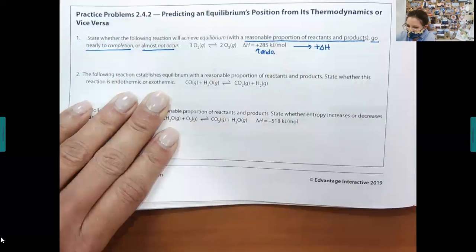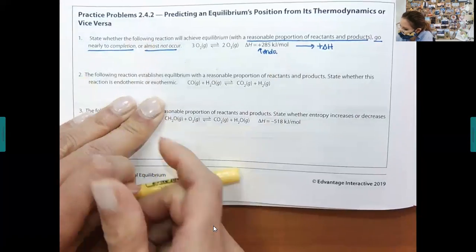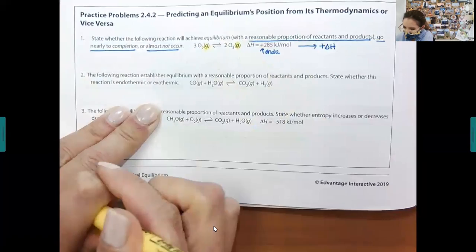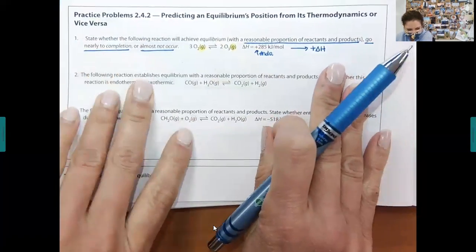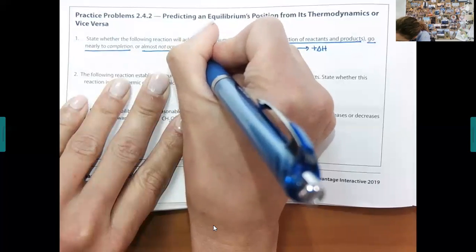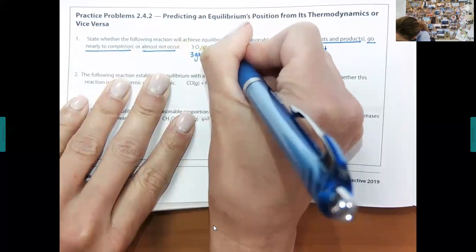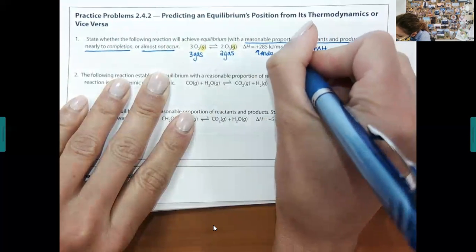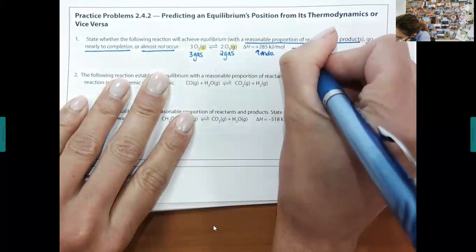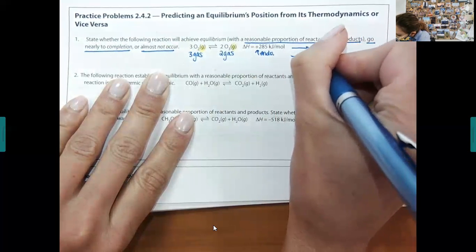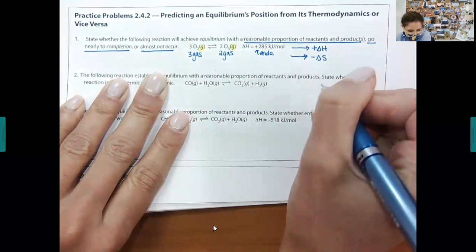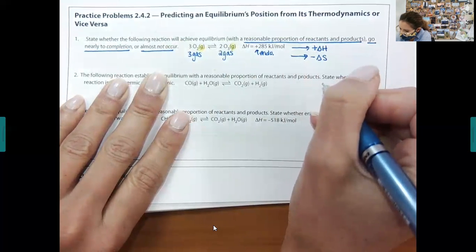And then if you take a look at the states of matter, here you've got your gases, okay? And you've got 3 gas particles here and 2 gas particles here. So that means that in this direction, you've got a decrease in entropy because the number of gas particles decreased.